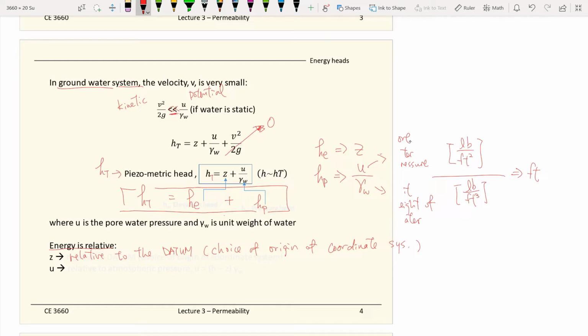And for our potential head, or the water pressure head, it depends on the water pressure, which is relative to the atmospheric pressure. Which means it depends on the location of the groundwater table. GWT stands for the groundwater table.